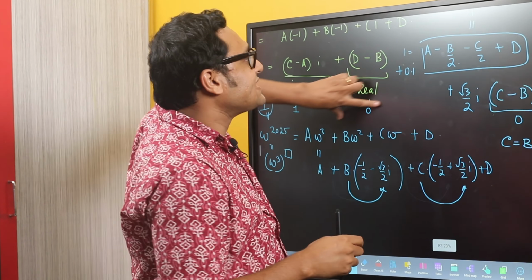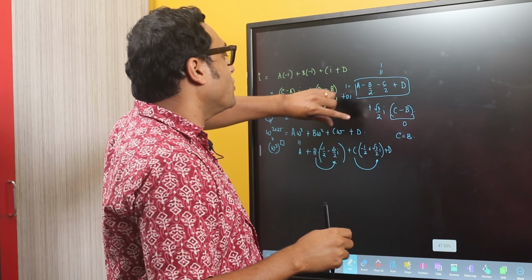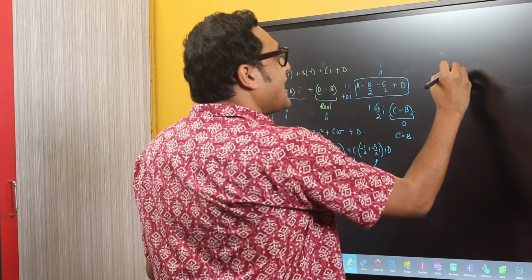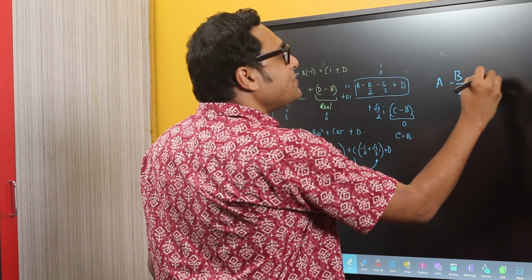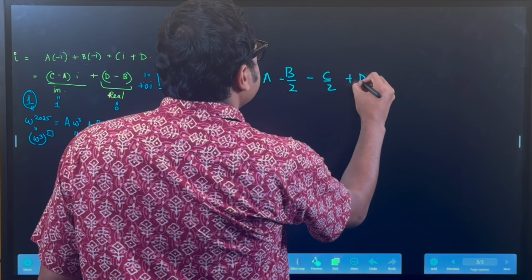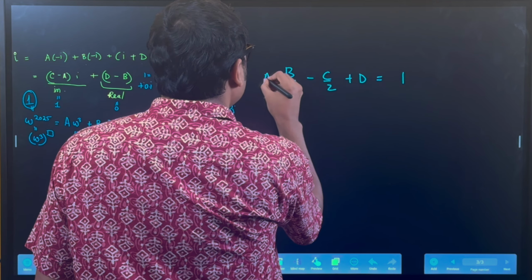Why? Let's write down all that stuff that we know. We know that A minus B by 2 minus C by 2 plus D is equal to 1.